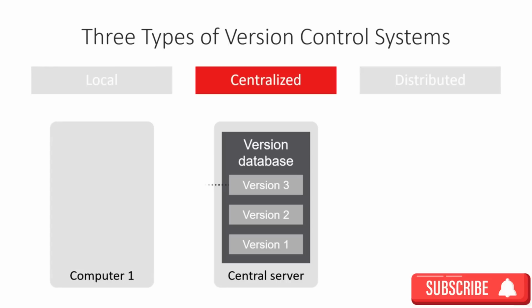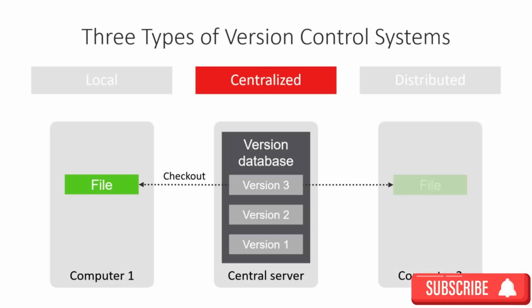On your computer, you can check out and work on a specific version of your source code. Another user can also check out a version of the source code. This means that with this centralized version control system, you can now work together with other developers on your projects.